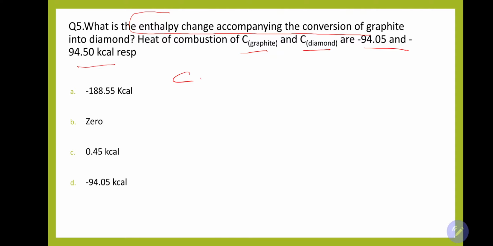That is, we have to see the change of graphite to the diamond, right? So for this, the heat of combustion given is equal to minus 94.05 goes to minus 94.50.